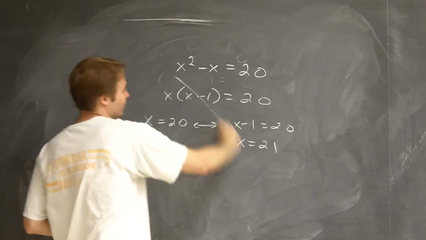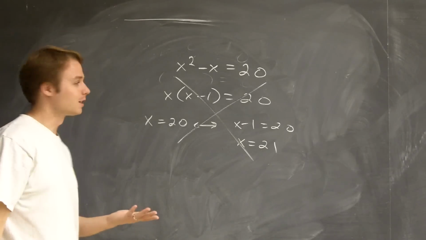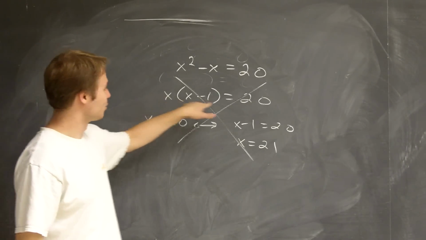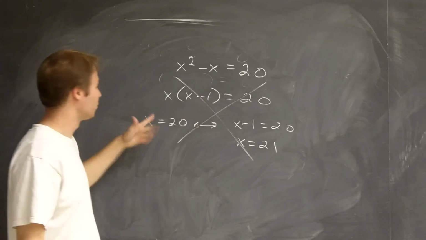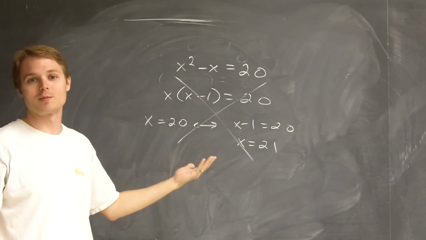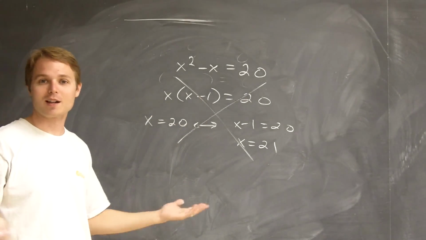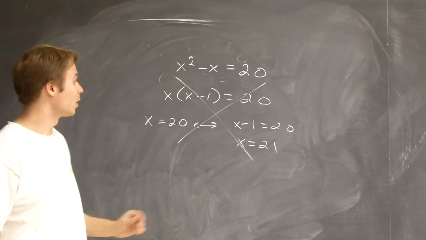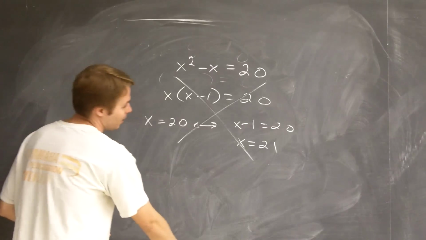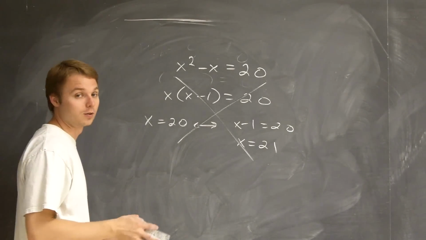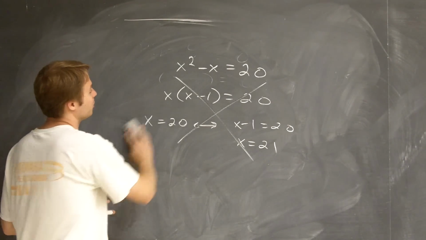This is totally wrong. Don't do it like this. First of all, this doesn't make sense. Just because two things multiply together to get 20 doesn't mean that one of them has to be 20, right? 4 times 5 is 20, so automatically you can see this logic doesn't work. So don't fall into this trap. I tend to see students do this if they're not careful.